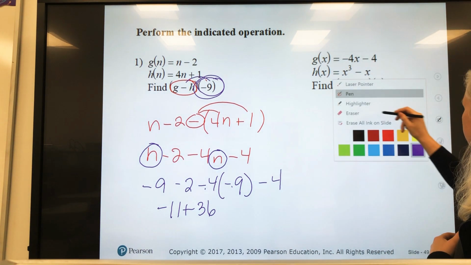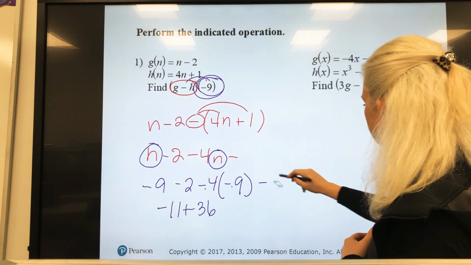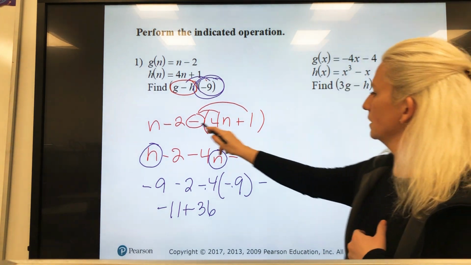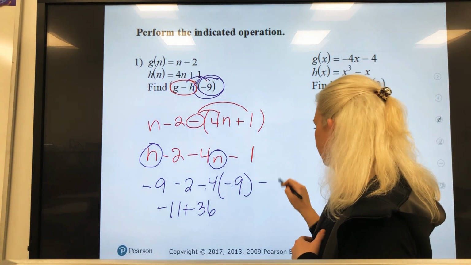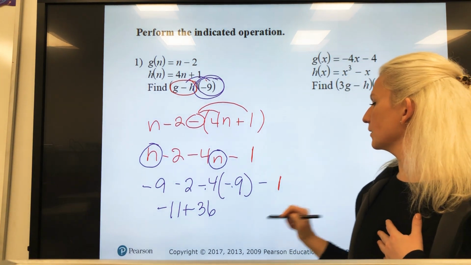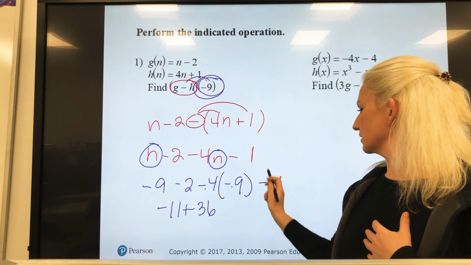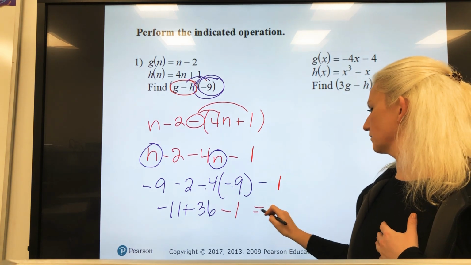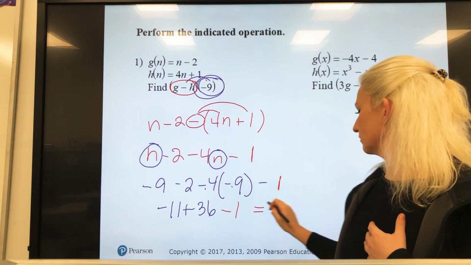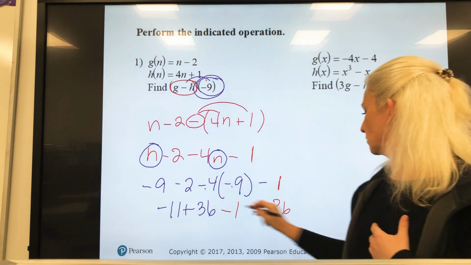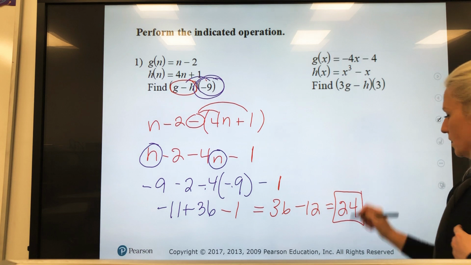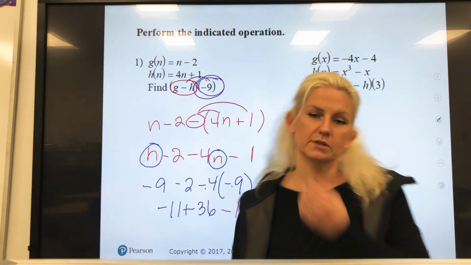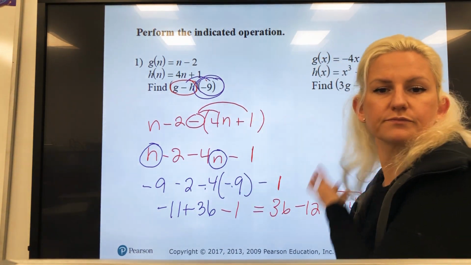There should be a 1. -4n, -1. Okay, so I have -11 plus 36 minus 1. So what does that give me? I have a -12, right? 36 minus 12, right? Which gives me 24. So this number one would be 24.